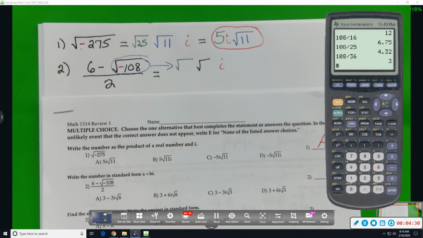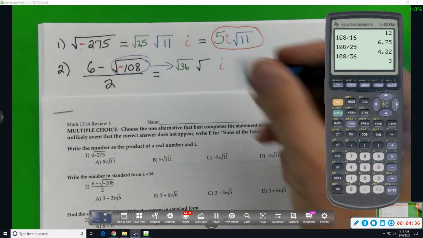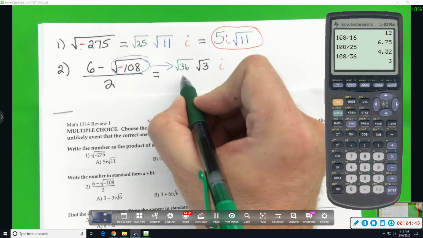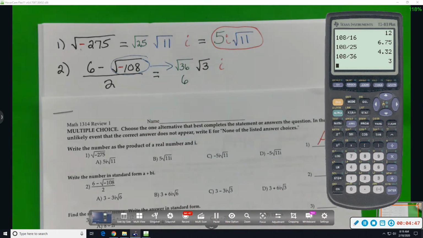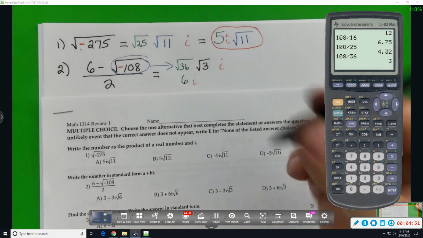So 36 times 3 would give me 108. Reducing that, I'd have a green 6. Then I'll go ahead and put the I square root of 3.